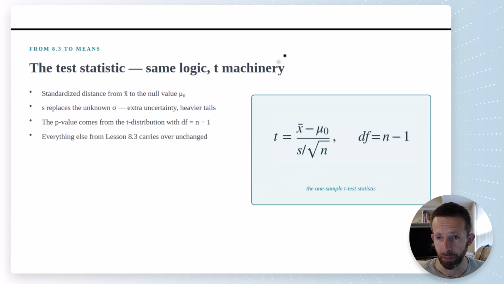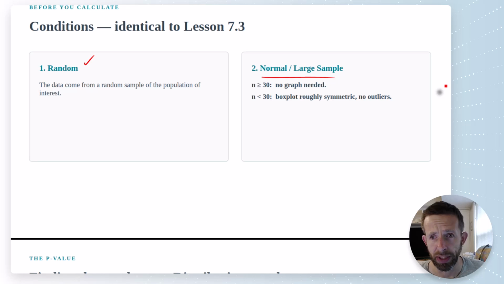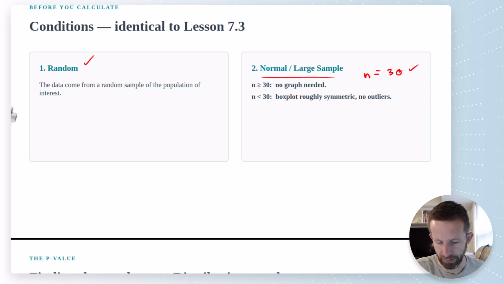Now, instead of a z-test, we're going to do a t-test with n-1 degrees of freedom, and here's my formula for finding my test statistic t. All right, so I have a random sample. Now, the large count condition: as long as my sample size is greater than or equal to 30, which in our case it's 36, the large count condition is met.